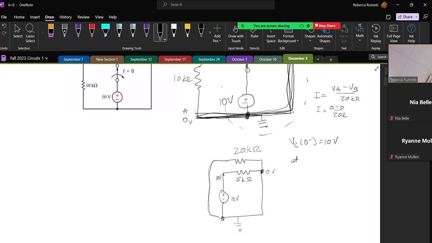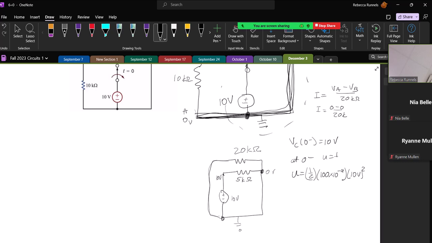So at 0 minus, my energy equals 1/2 times my capacitance, which is 100 nanofarads, so 100 times 10 to the negative 9, times my voltage squared, which was 10 volts squared.